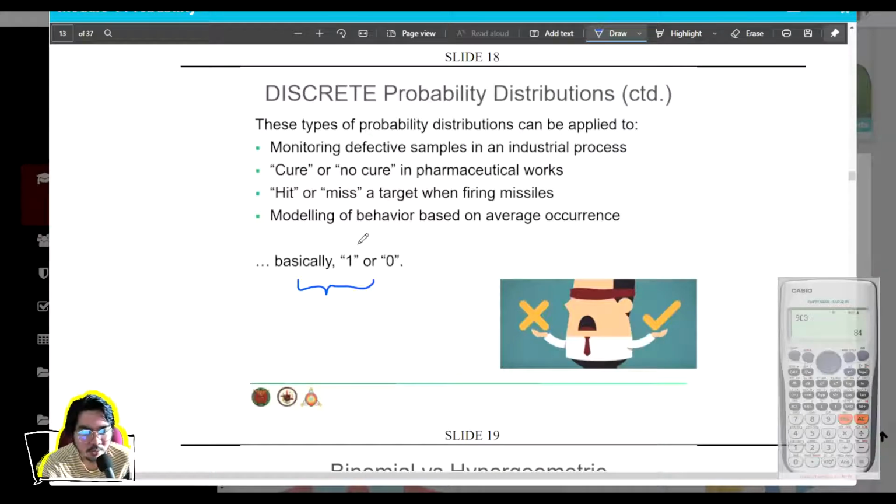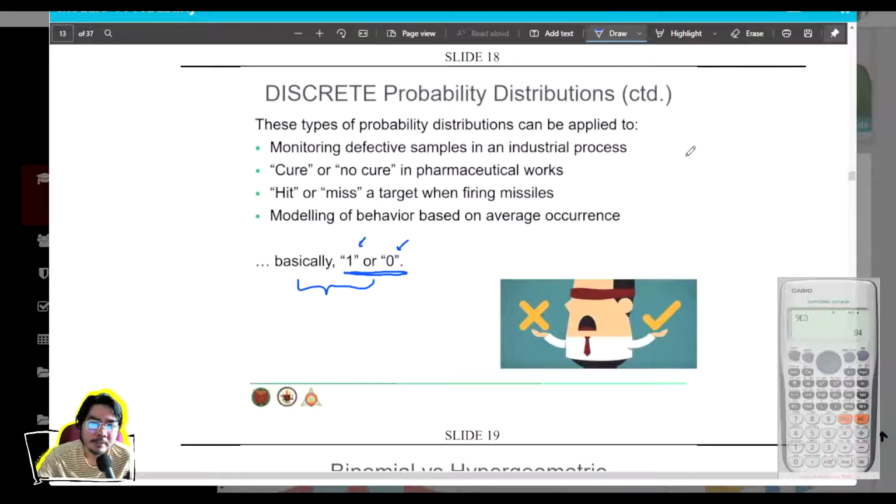So either you have a 1, it's on, or you have a 0, it's off. So if you're having trouble with the term success or failure, although in textbooks kasi yun yung terms na ginagamit talaga, then maybe you can use this instead. It's either 1 or it's a 0, no?